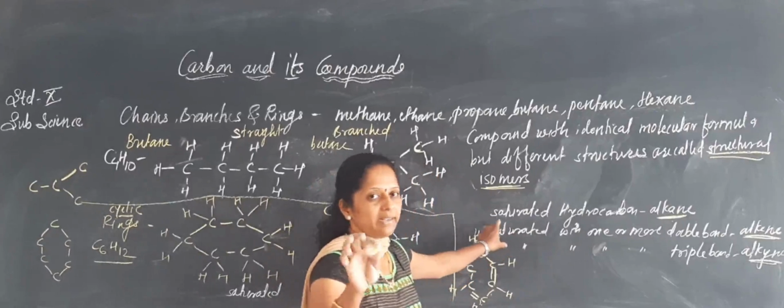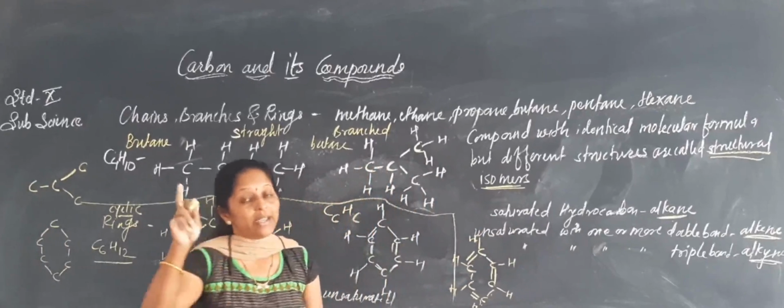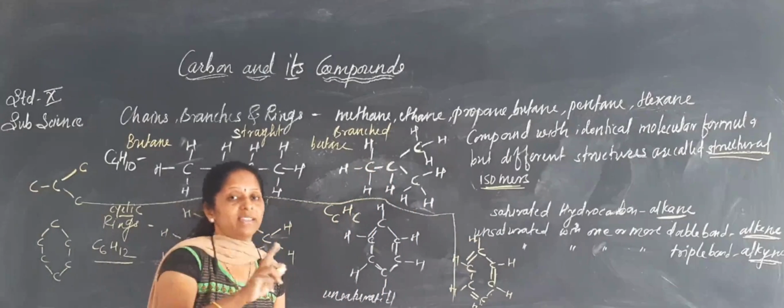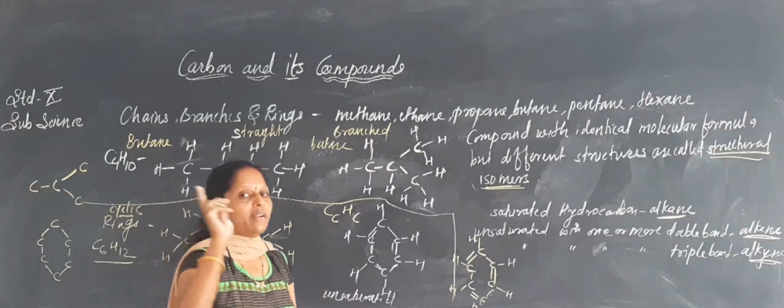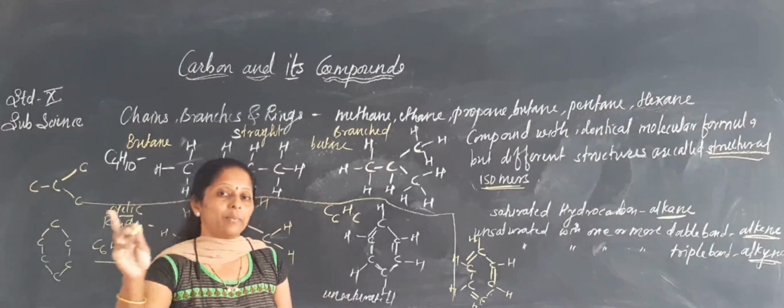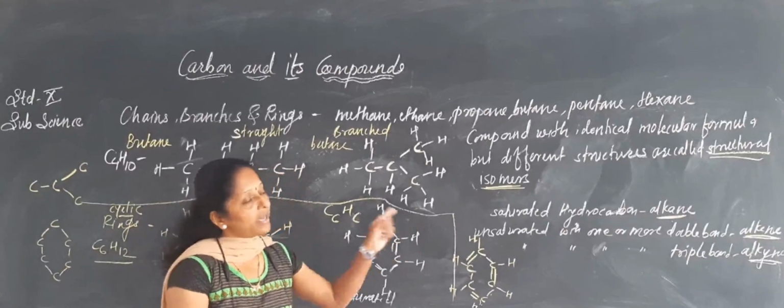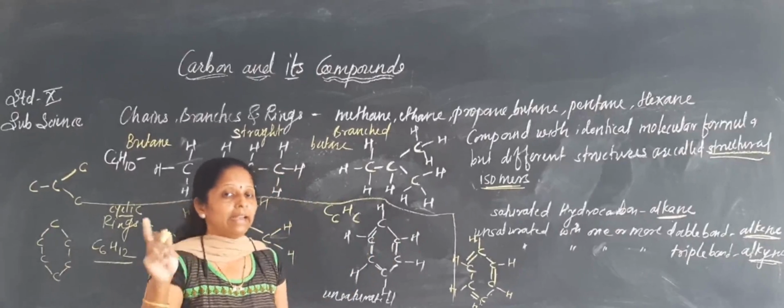See what is the difference? Saturated versus unsaturated I told you in the previous session. Saturated compound means only single bonds between the carbon atoms. Unsaturated compound means double and triple bonds are there. But now we are seeing alkane, alkene and alkynes.